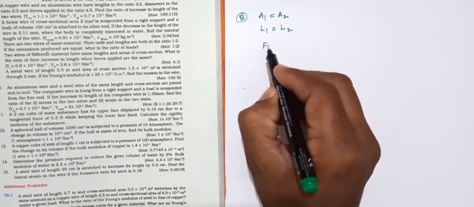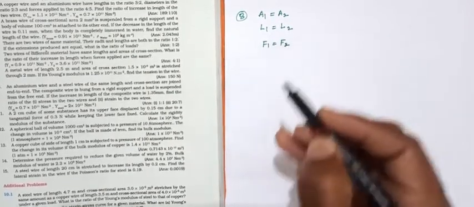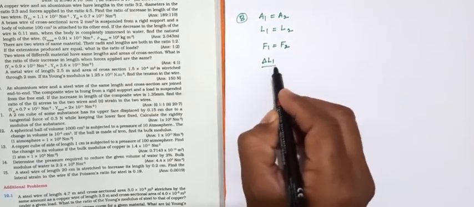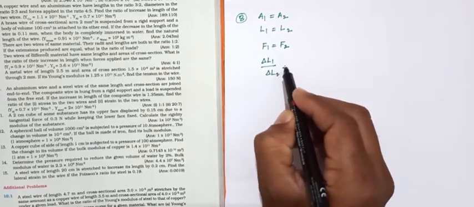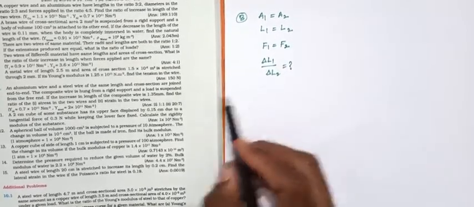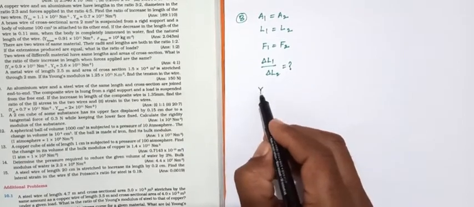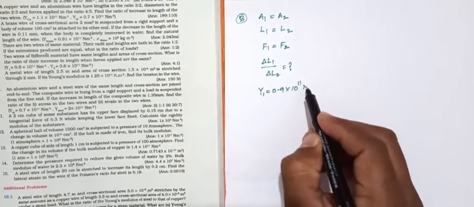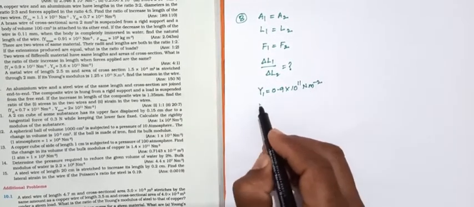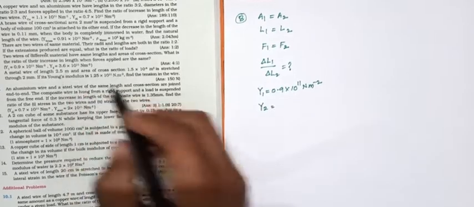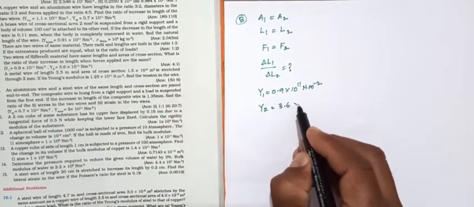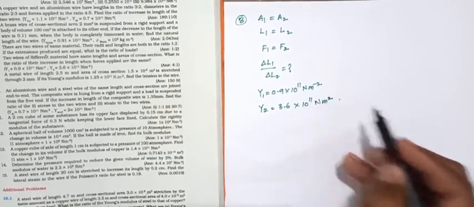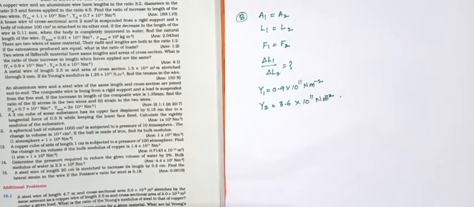So forces F1 equals F2. What is delta L1 by delta L2? Young's moduli are given: Y1 equals 0.9 into 10 to the power of 11 Newton per meter square, Y2 equals 3.6 into 10 to the power of 11 Newton per meter square.